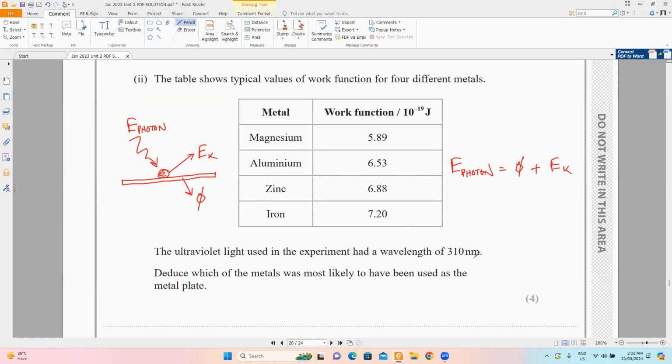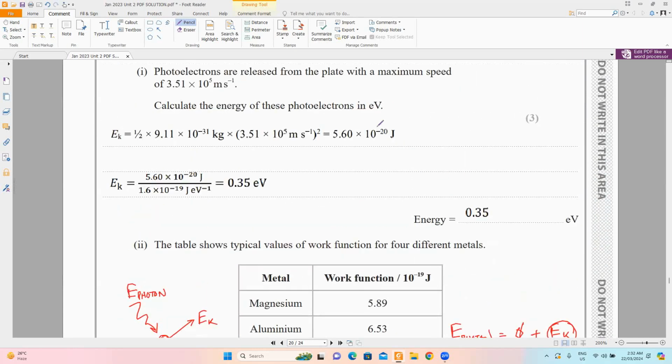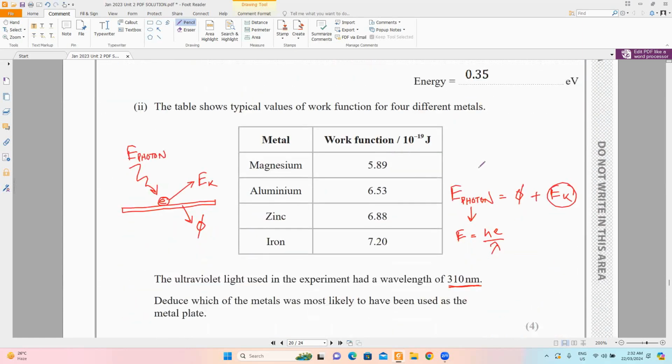And for this specific question, since the wavelength is given, you can easily find out the energy of the photon using E equals hc by lambda. And for this kinetic energy, you already have the value from the previous question. This is the value of the kinetic energy. So all you have to do is just make phi the subject of the equation.